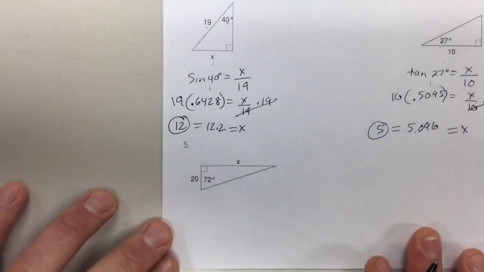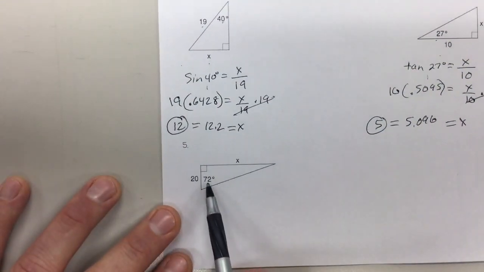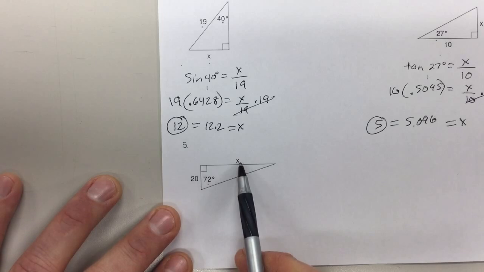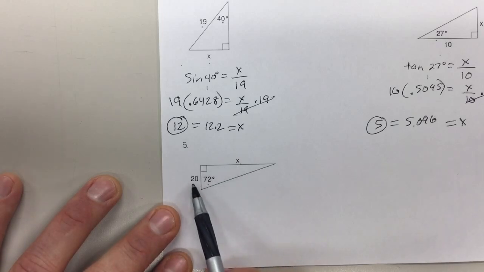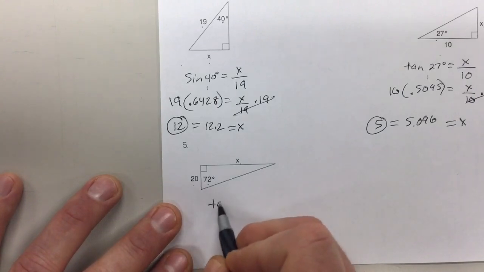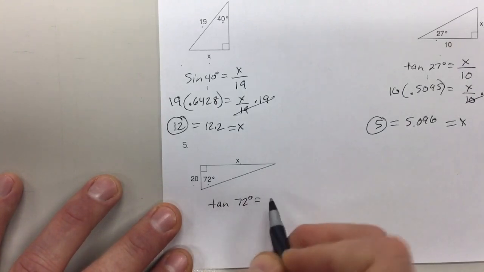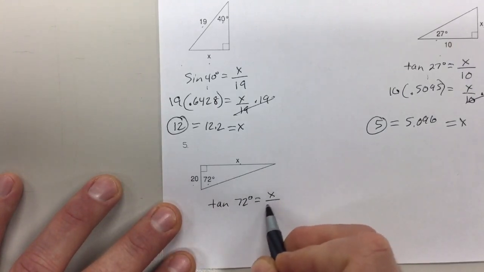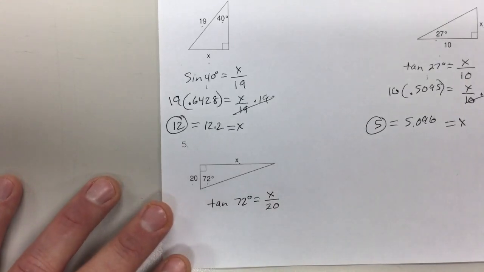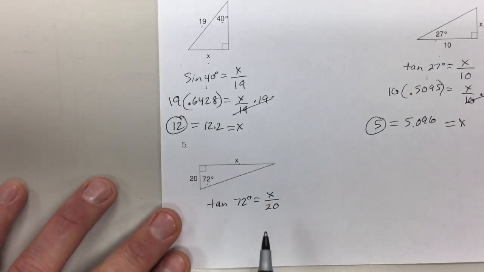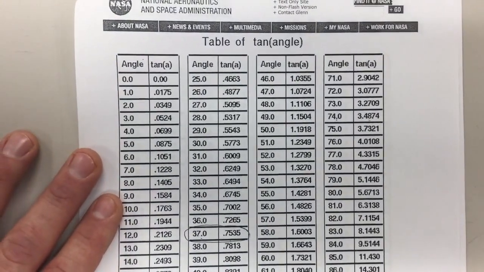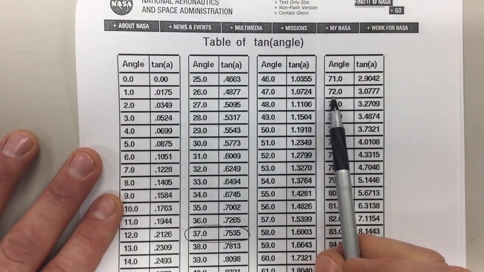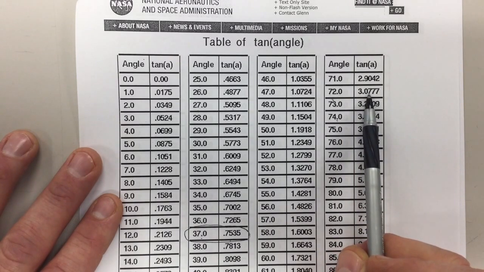For our last example, number 5, given this angle 72, this is the opposite side, this is the adjacent side. Opposite and adjacent suggests tangent. So tangent of 72 is equal to the opposite over the adjacent sides. I'm going to replace tangent 72 using the table. There is 72. I'll replace that with 3.0777.